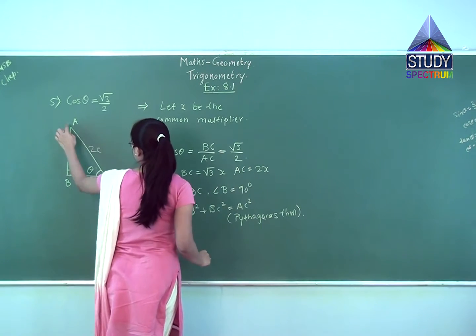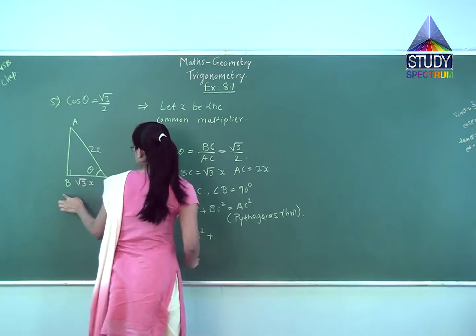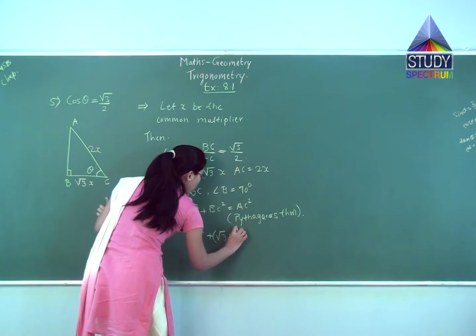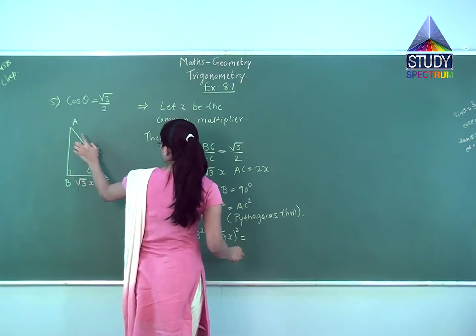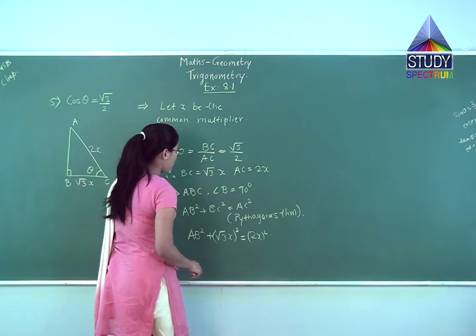AB we have to find, so I will keep it like that. BC is root 3x, square it, and AC is 2x, this also we have to square.